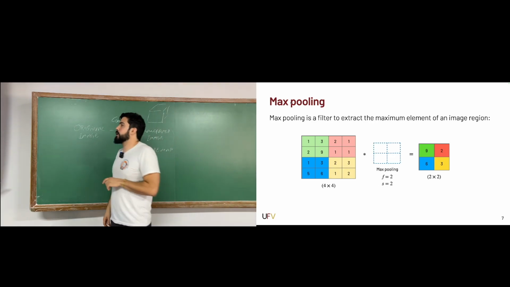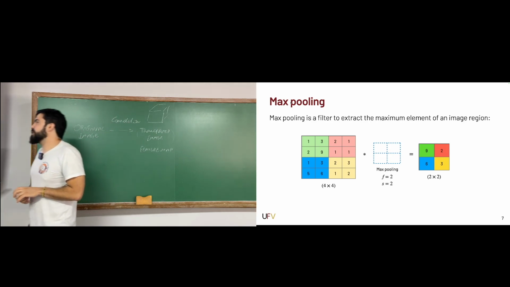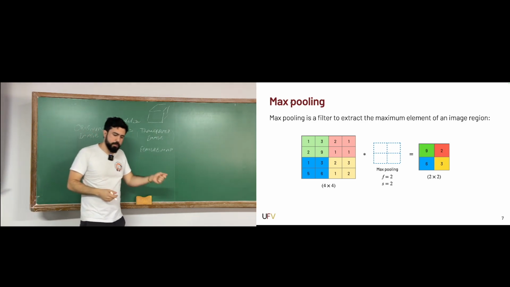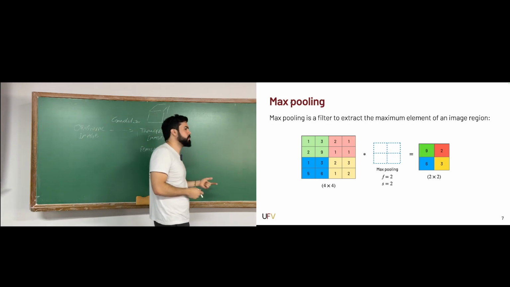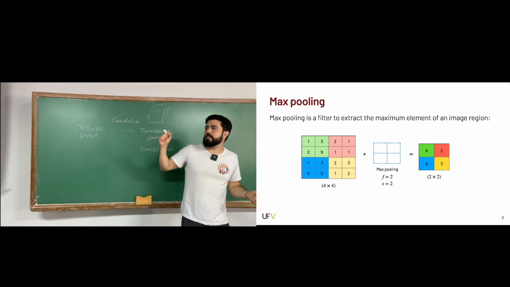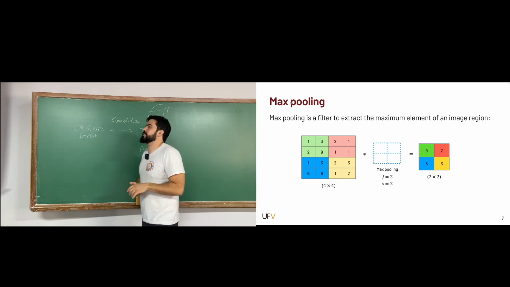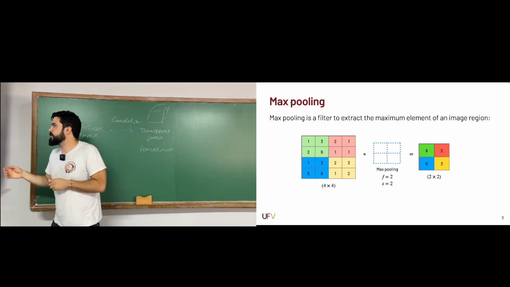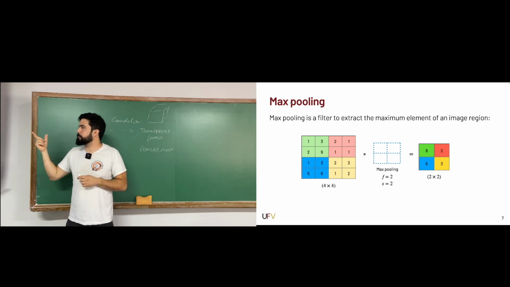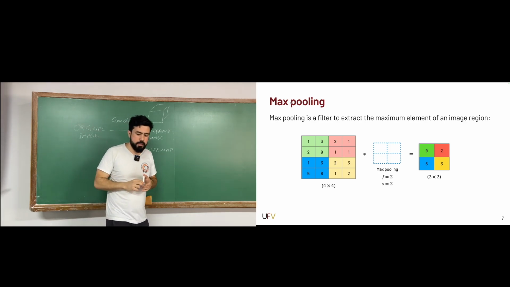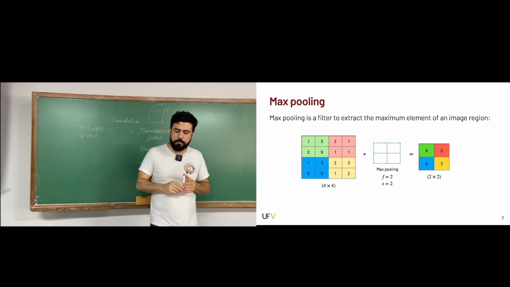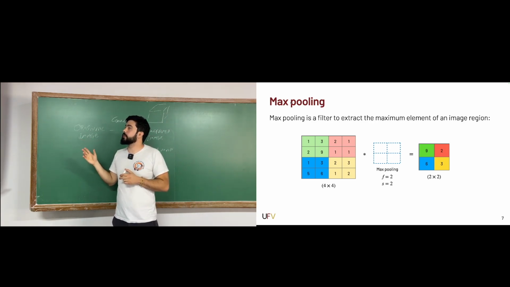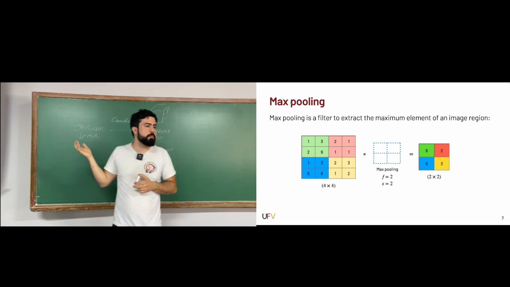Max pooling and also average pooling have these two hyperparameters, the filter size and the stride size. And these are very popular values, like a max pooling of 2 and especially a stride of 2 in small images. But it's a hyperparameter you have to pick.